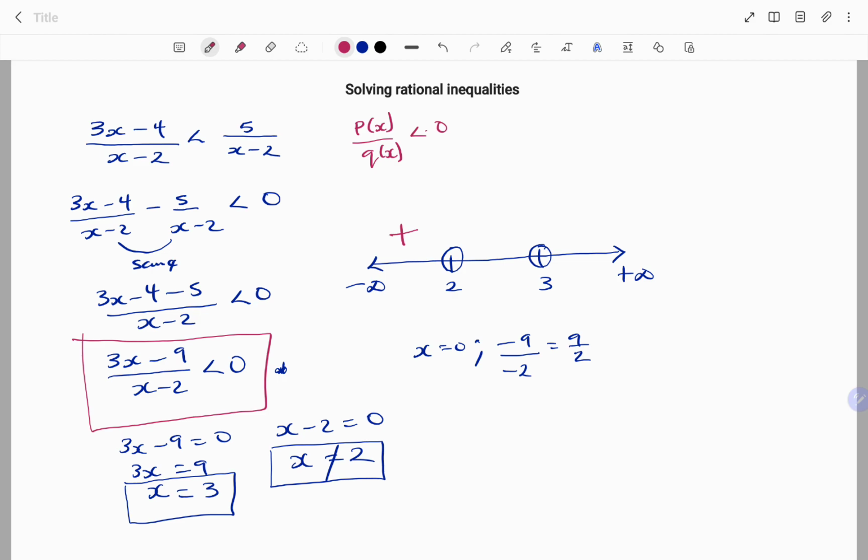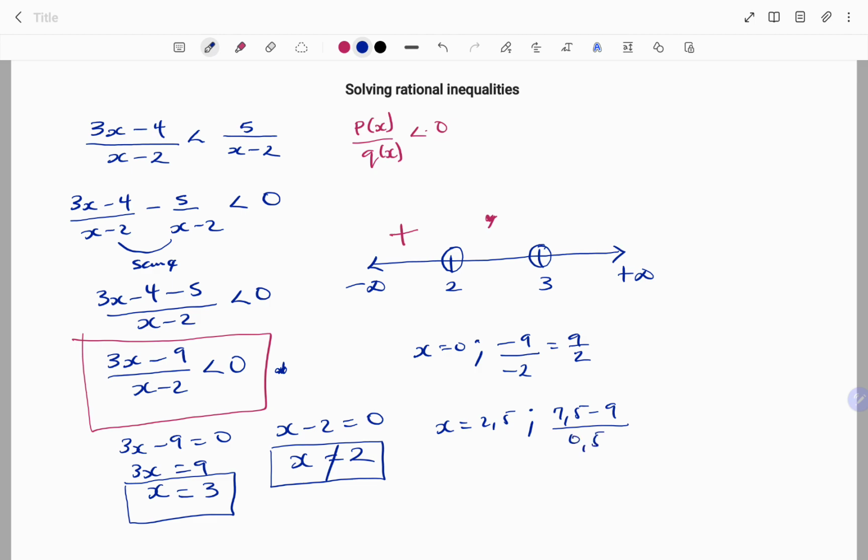Then I'm going to test a region between 2 and 3. Let's look at 2.5. If our x is 2.5, slotting that back into the inequality, we have 2.5 times 3, that's 7.5, minus 9, over 2.5 minus 2, that's 0.5.